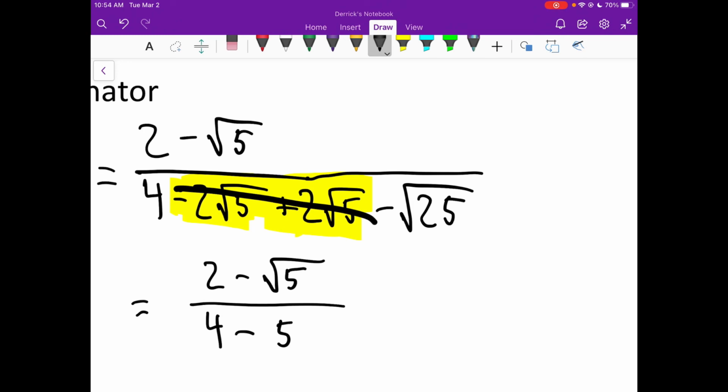If you multiply by the conjugate, if you find a conjugate correctly, you're going to be able to get rid of your square root every time. And then simply 4 minus 5 is negative 1.